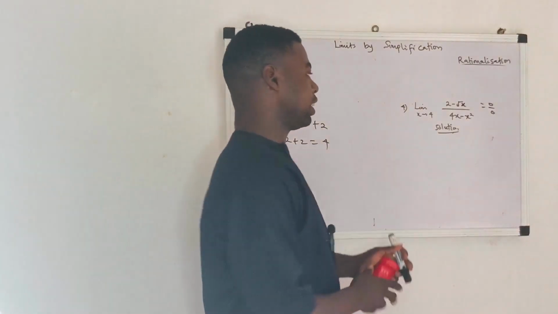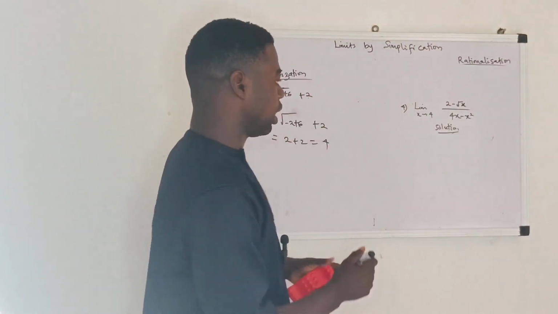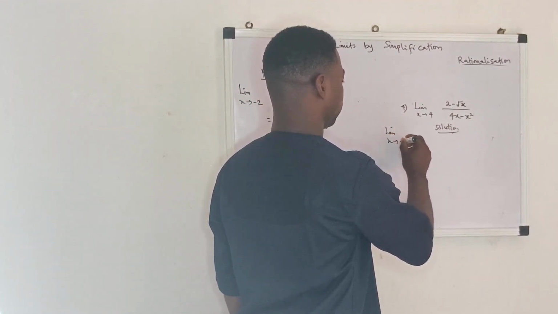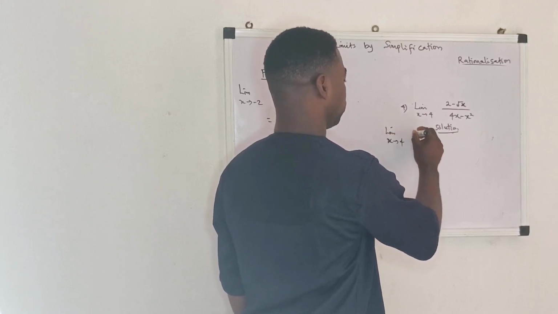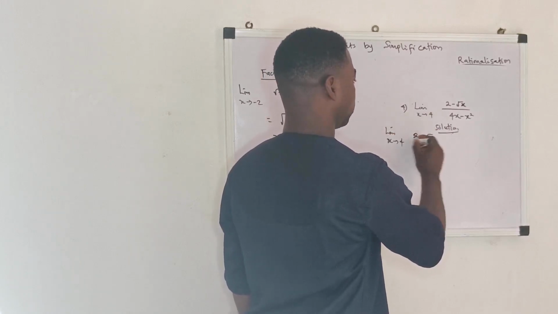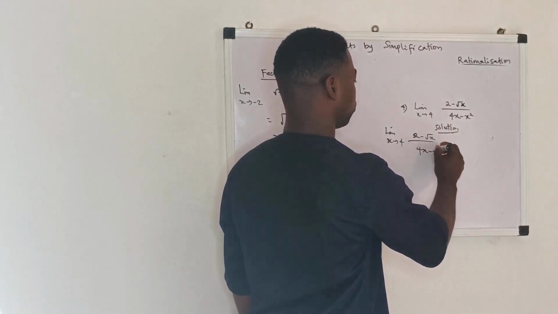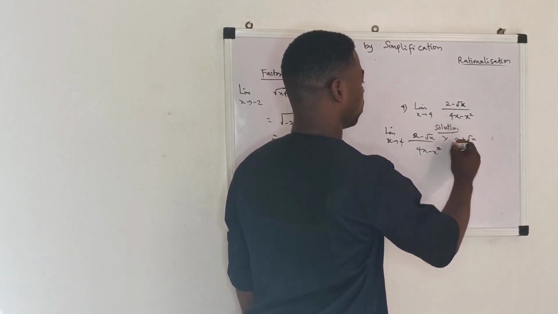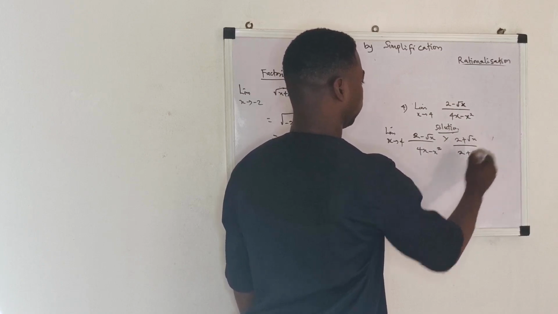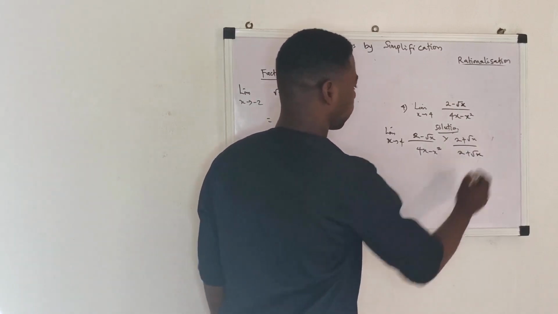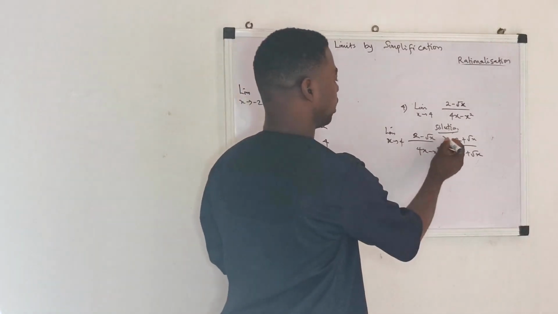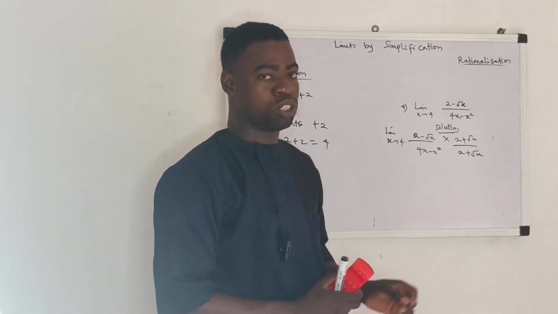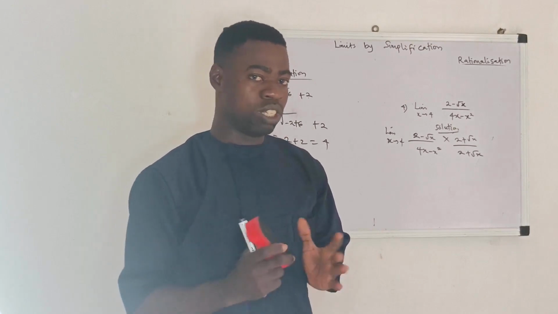This is the same kind of indeterminate form, right? So we go to look at it from rationalization. I'm going to be rationalizing my numerator because that's where my problem comes from. So this is 2 minus square root of x over 4x minus x squared, times 2 plus square root of x over 2 plus square root of x. What prompts the rationalization is where you make your multiplication, and the place that does not, you leave it.